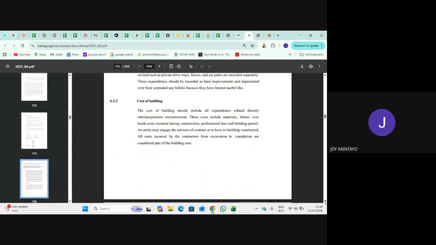We will be looking at the cost of material, labor, overhead cost, and the cost of bringing the construction, professional fees, and the cost of bringing the asset to its location or for its intended use. Are we together?